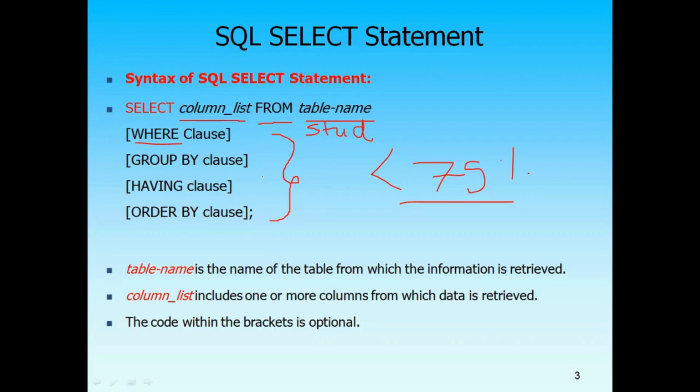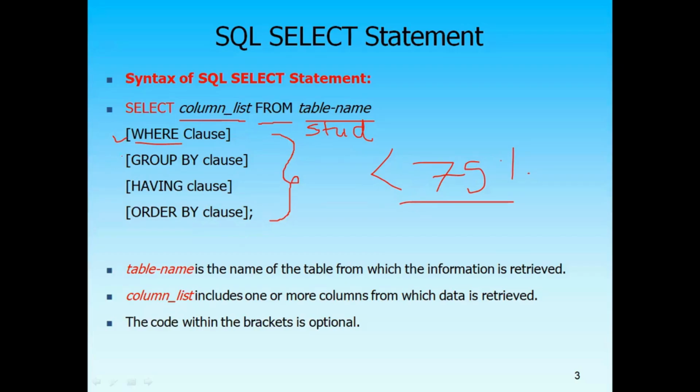If you fire select star from student, it will display all the student records available in the table along with all the columns. Star indicates all the columns. The where clause is used to mention the criteria. With an example, we will see it in the next slide.